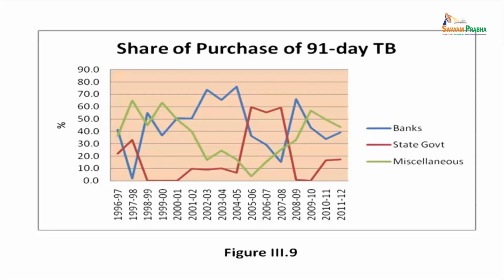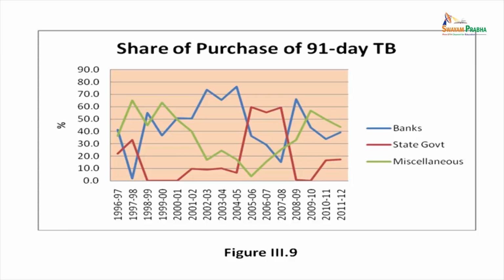But very interestingly enough, I do not know why, the blue line went down and the state government line went up at the same time, percentage wise, it is out of 100. Around 2005-6, from 2005-6, 2006-7, 2007-8, and then after 2007-8, again 2008-9 it has been going up.